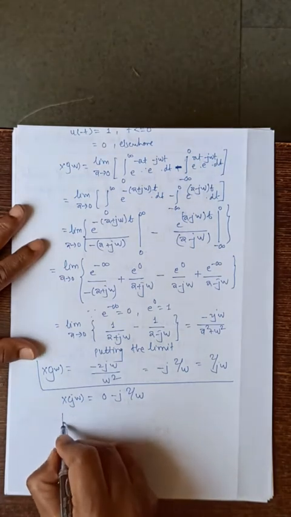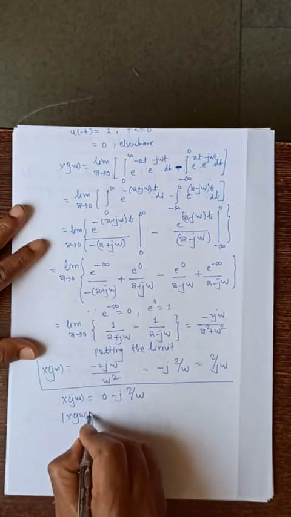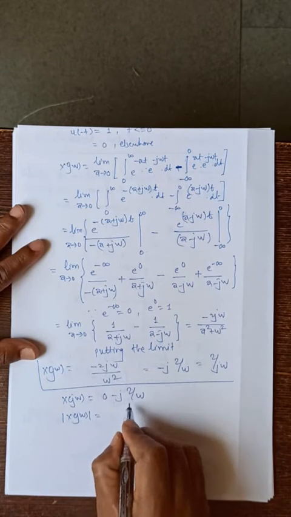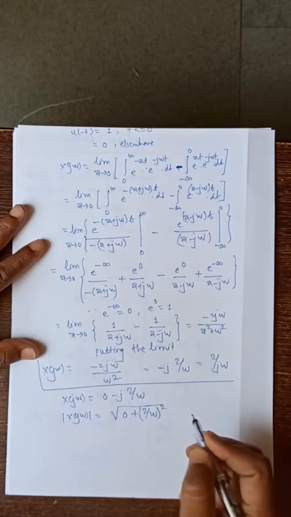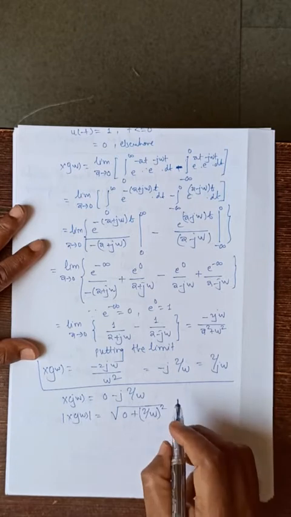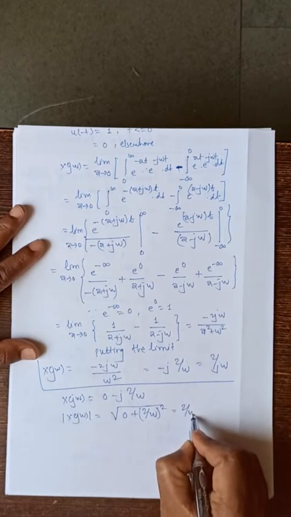So the magnitude of X of j omega is the square root of real part square plus imaginary part square. So 0 square plus imaginary part, that is 2 by omega squared. Okay, so that is basically 2 by omega.